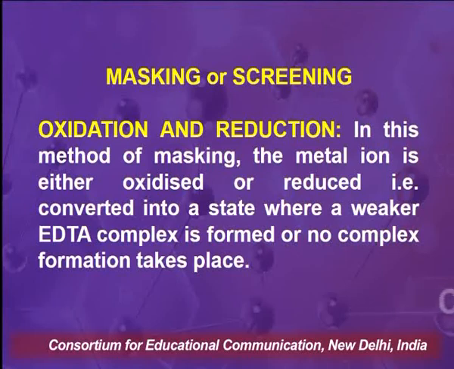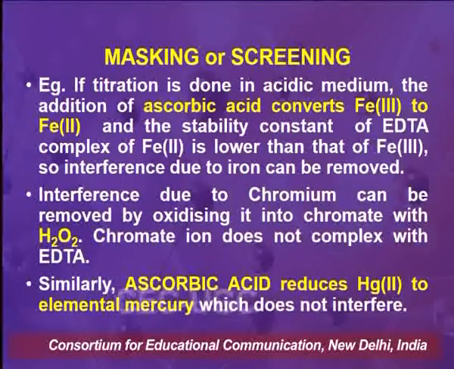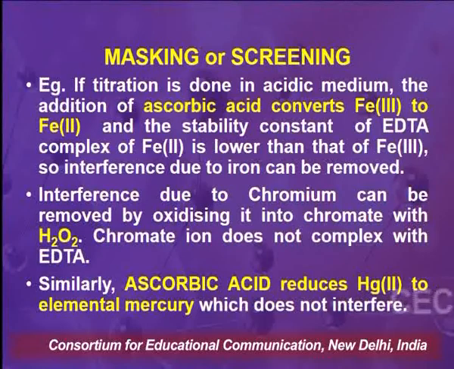For example, if the titration is done in an acidic medium, the addition of ascorbic acid converts ferric ions to ferrous ions, and the stability constant of the EDTA complex of ferrous ions is lower than that of ferric ions. Hence, the interference due to the iron can be removed.